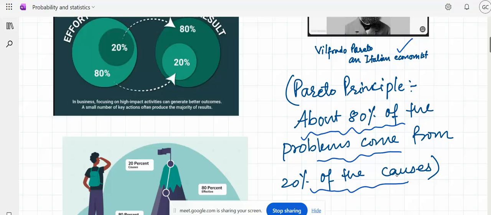For example, suppose somebody is lazy, and he or she looks into the causes, so he or she will find so many causes, but the most effective will be only 20% of the causes, right? That makes sense? Yeah. Okay, so it means that if we work on that 20%, we can achieve 80%, right?